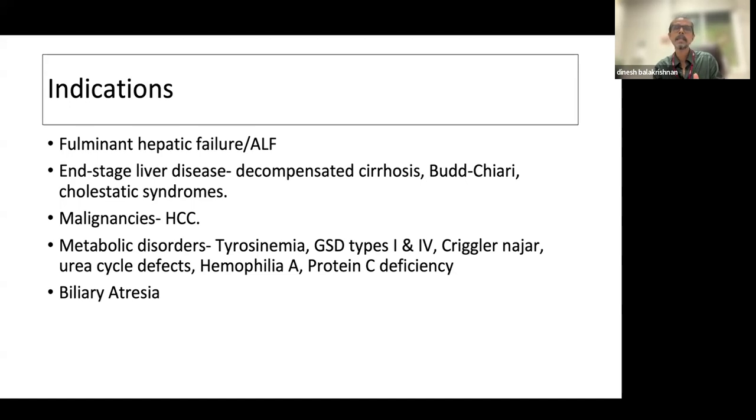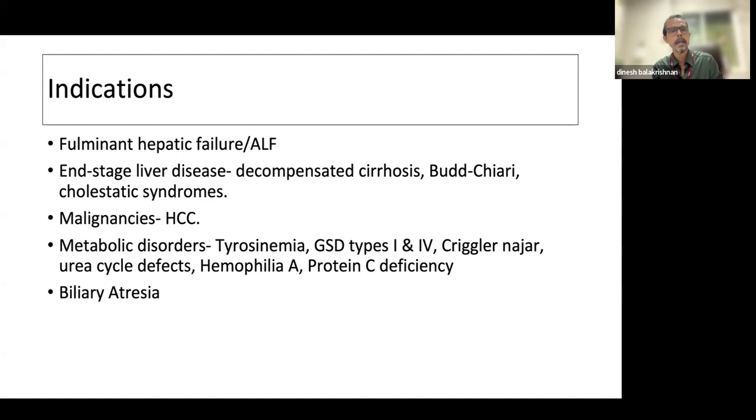The second indication is end-stage liver disease, or what we commonly know as cirrhosis of the liver. When cirrhotic patients develop a decompensation, which can be in the form of massive bleeding, or refractory ascites, or a hepatorenal syndrome, or the development of an HCC, they need transplant as a life-saving option. The third indication is malignancy, especially primary liver tumors like hepatocellular carcinoma.